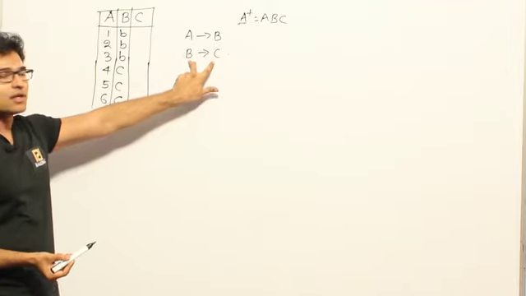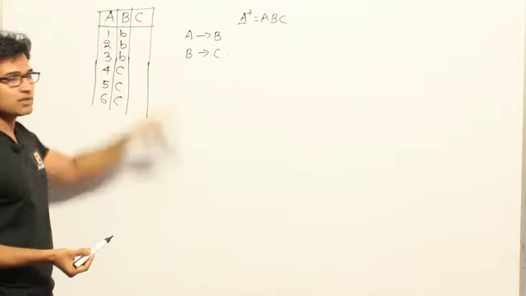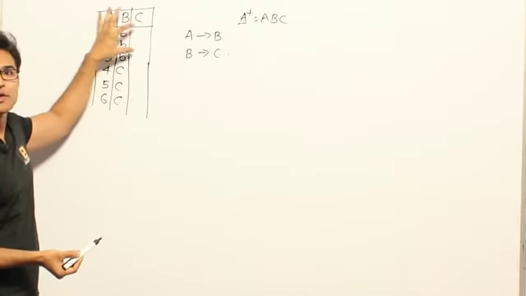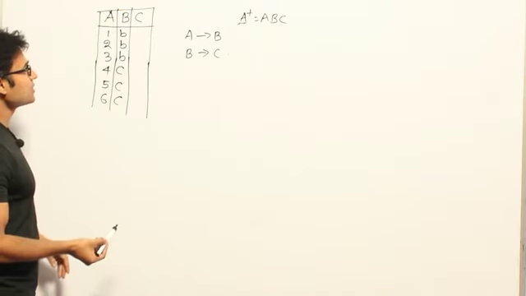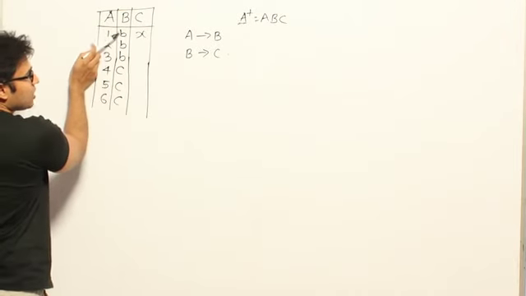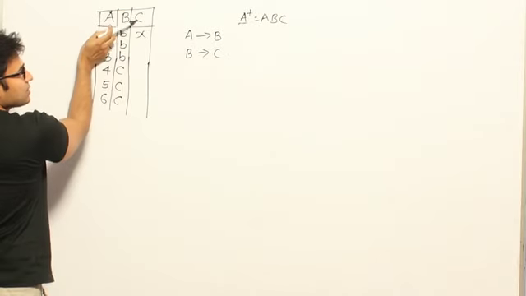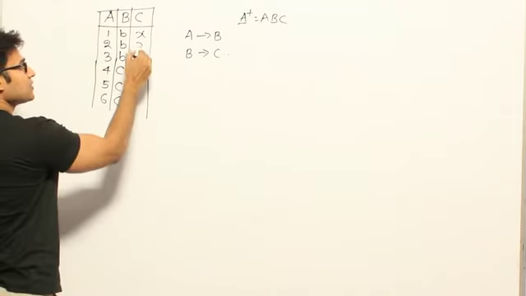So what does it mean? If B is having some value here, same value, then C will also have the same value there. If two values of B are same, then two values of C will also be the same, right? So what I mean by this is, if for one value of B, say small b, the C value is X, then for all the values of small b, the C value will be X only.